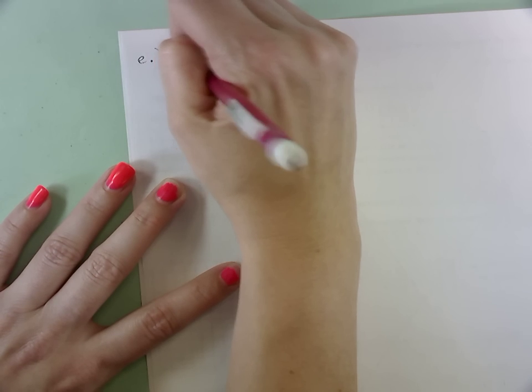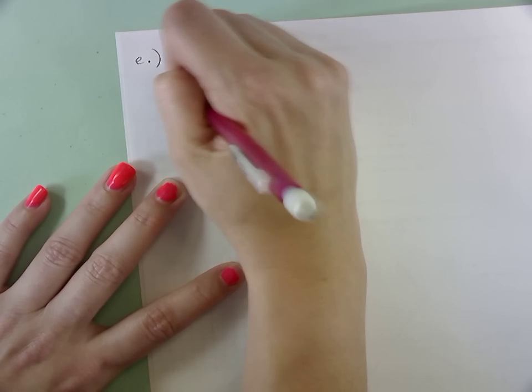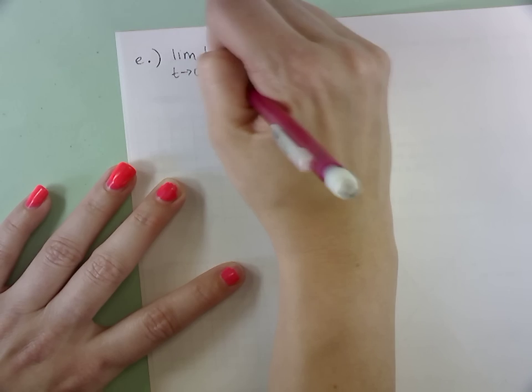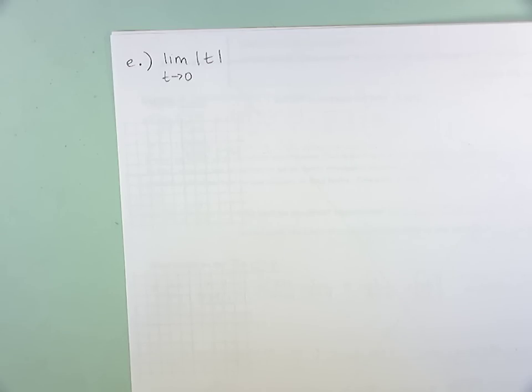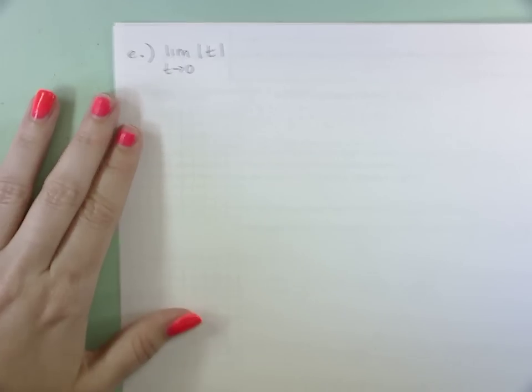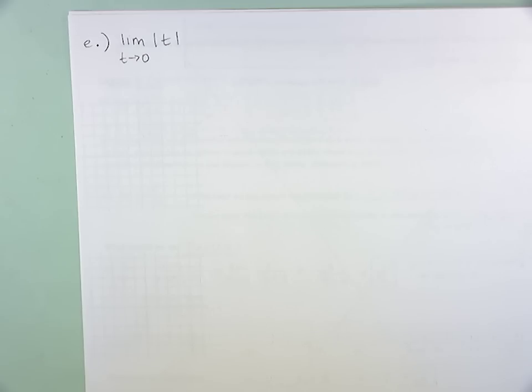So this is the limit as t goes to 0 of the absolute value of t. That's given to you. Okay, so the limit of the absolute value of t as t goes to 0.